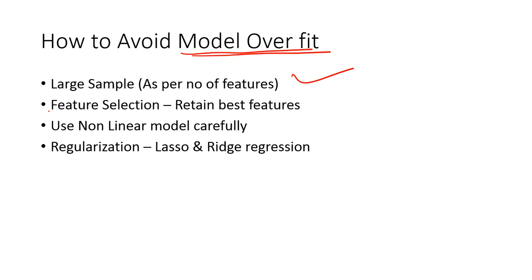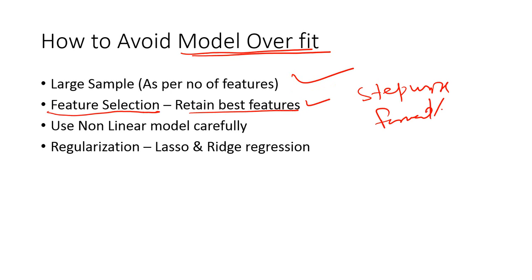So we should have proper feature selection in place while building the model, and there are varieties of ways you can do it. You can use stepwise regression, you can use forward, backward regression. These are some of the feature selection methods. You can see the individual R square by doing a simple linear regression and take the one which is able to predict your dependent variable well.